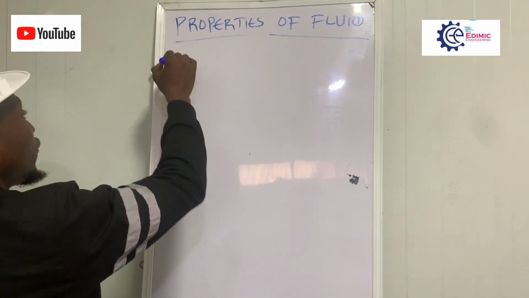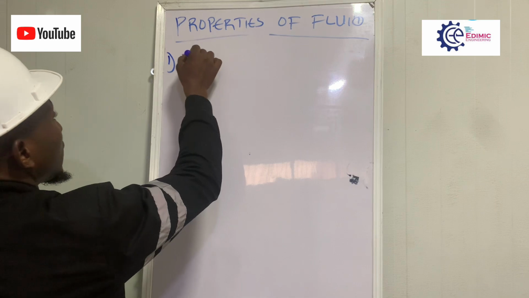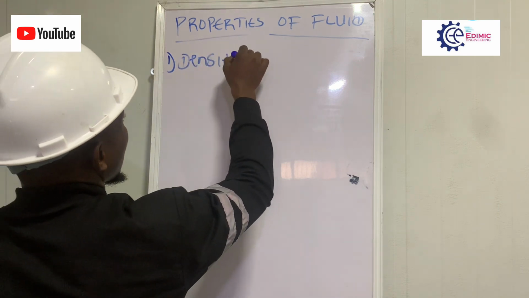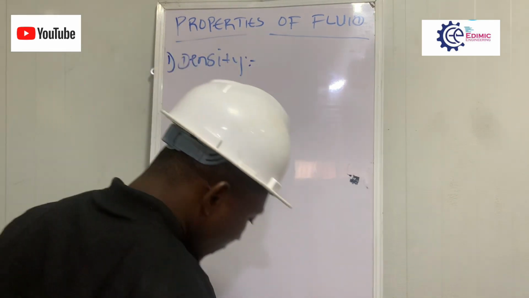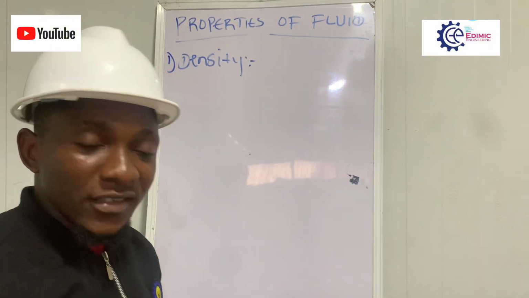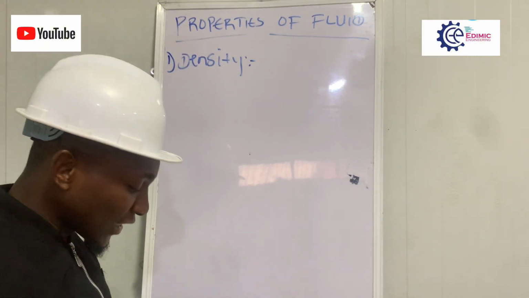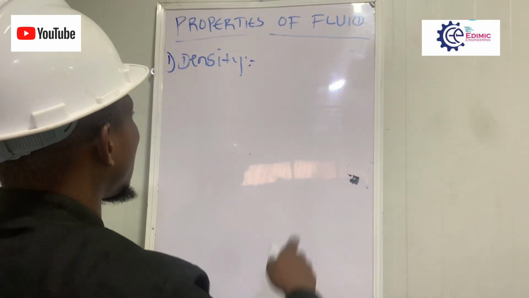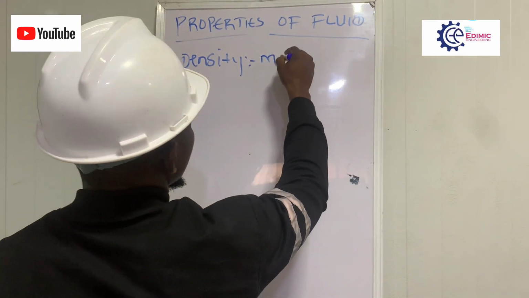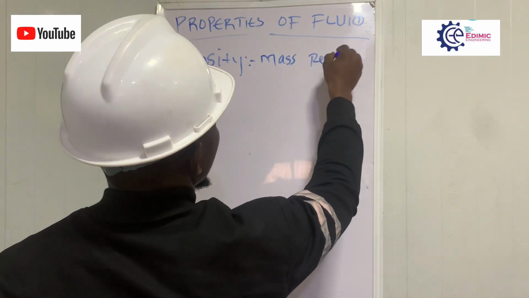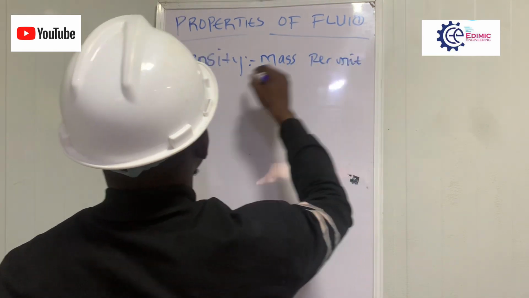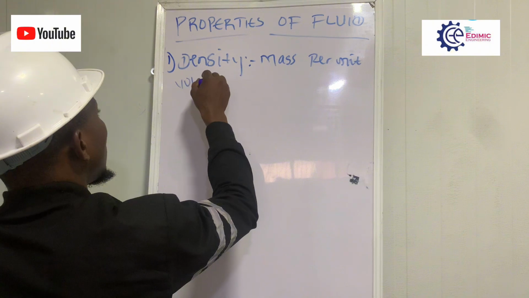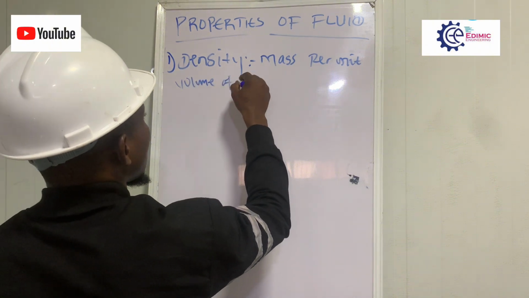So the first property will be density. I believe many people have been hearing density. Density is the mass per unit volume of a substance.